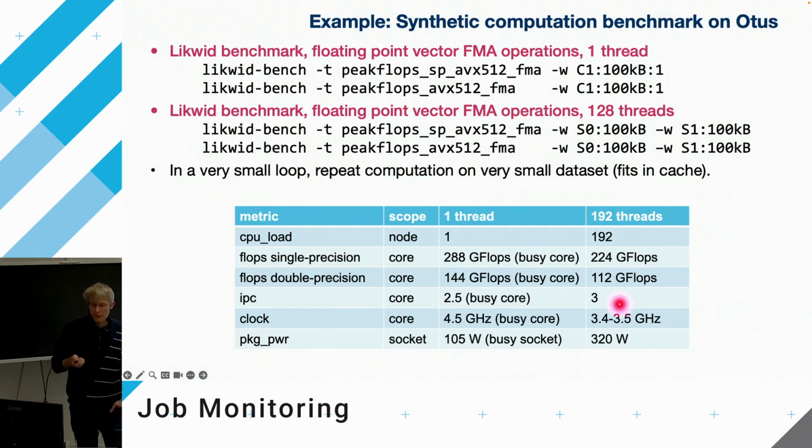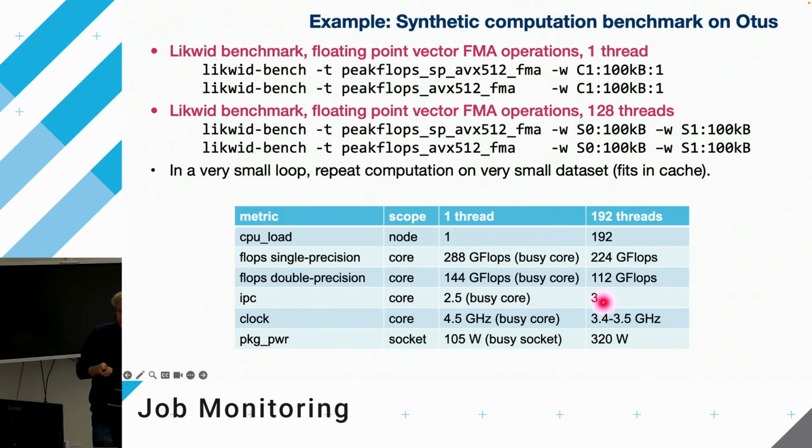Because the frequency is lower, we also have slightly lower performance per core, only 112 gigaflops per core instead of the 144 gigaflops at 4.5 gigahertz. But still, if we add all of this up, it's worthwhile because we are doing this computation on all of the 192 threads in parallel.